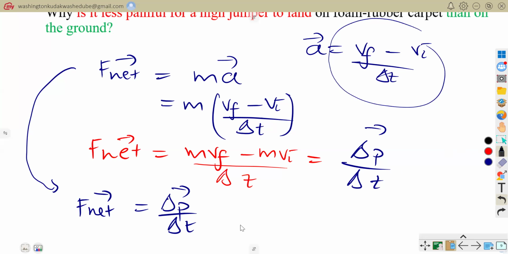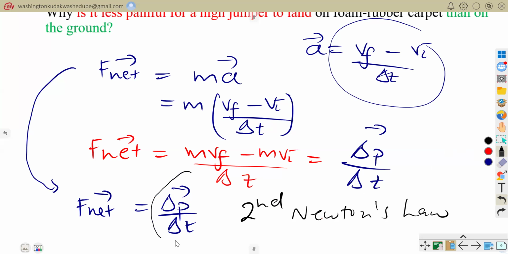This is how we can write our second Newton's law. We have now expressed our second law in terms of rate of change of momentum. Hence, we can determine the acceleration of the object in terms of the net force, as well as determine the rate of change of momentum in terms of the net force.